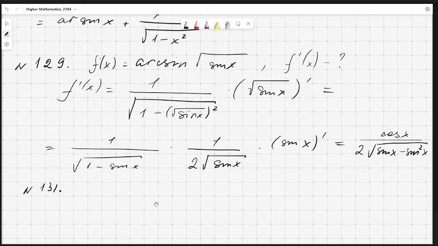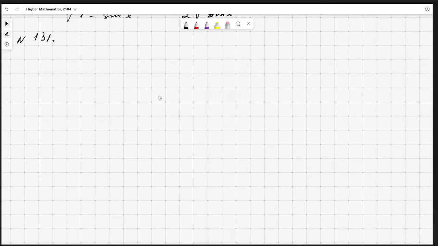Next example, 131. What is e to the power of arctangent of x?